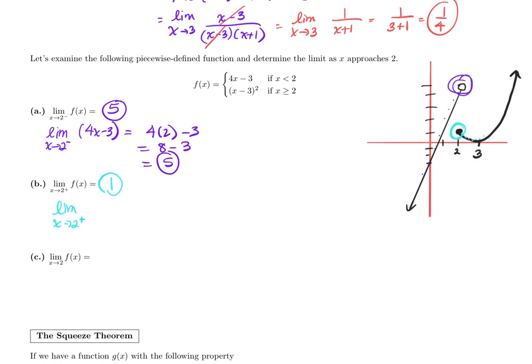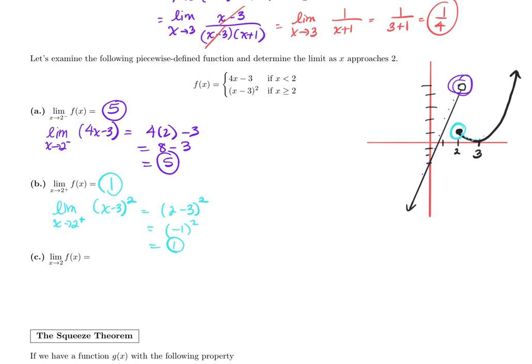Well, when x is greater than 2, we have to use our function of x minus 3 quantity squared. Once again, it's a polynomial, so we can do direct substitution. So we'd have 2 minus 3 quantity squared, which is negative 1 squared, which equals 1. So once again, our graphical and analytic solutions definitely agree.